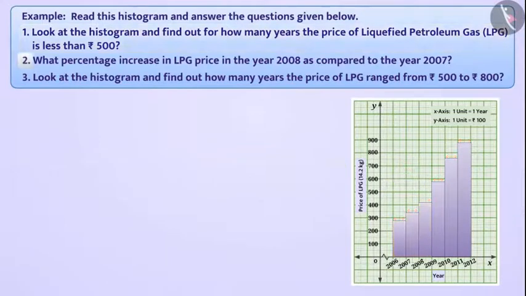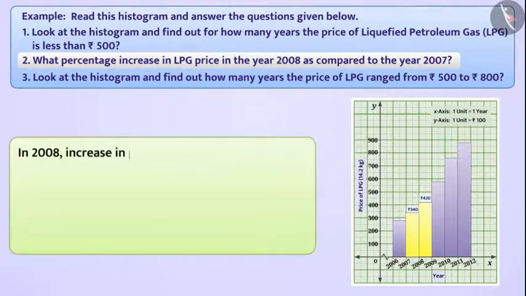Can you tell what is the percentage increase in LPG price in the year 2008 as compared to year 2007? Here, the price of LPG in 2008 is 420 and in 2007 the price of LPG is 340. In this way, the price of LPG increased from rupees 420 minus rupees 340 is equal to rupees 80 from the year 2007 to 2008.